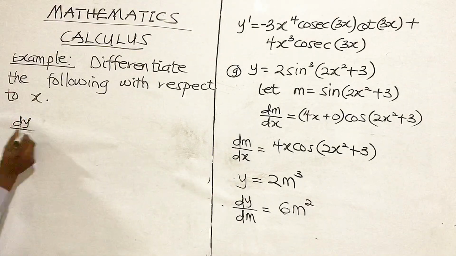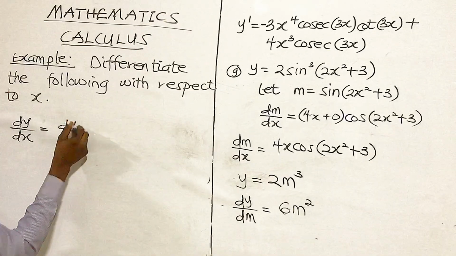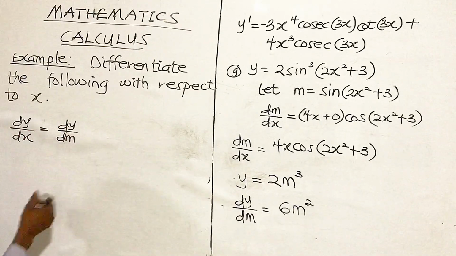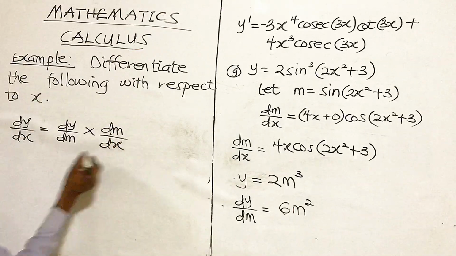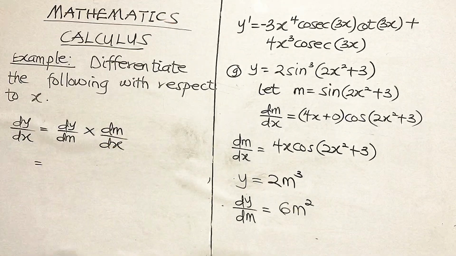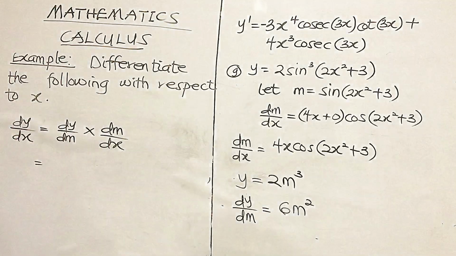So I have dy over dx is equal to dy over dm multiplying dm over dx. Dy over dm is 6m squared.